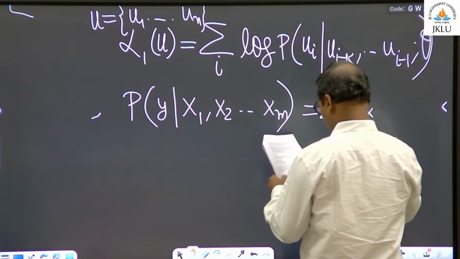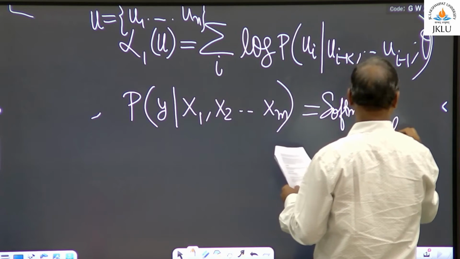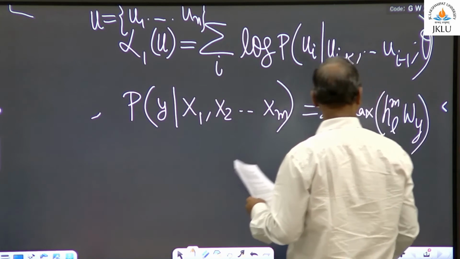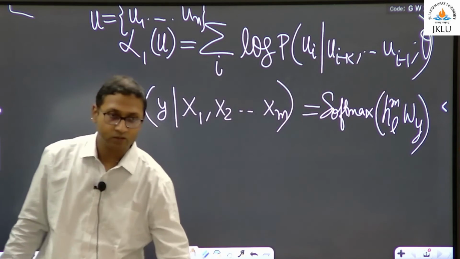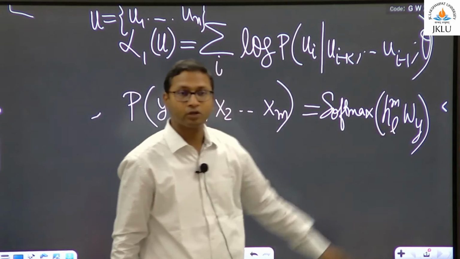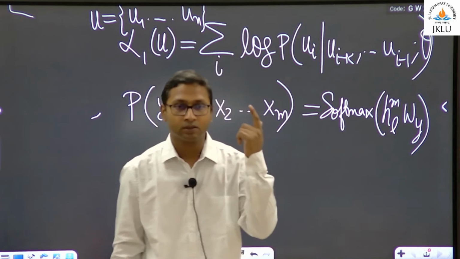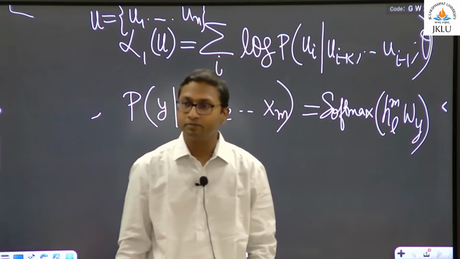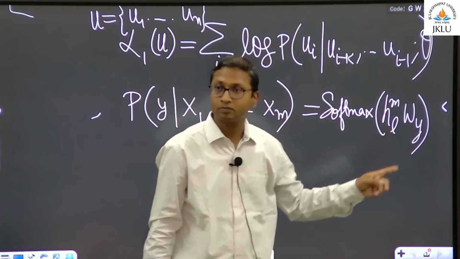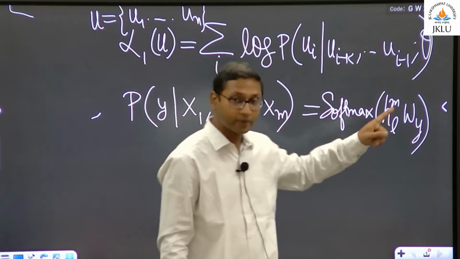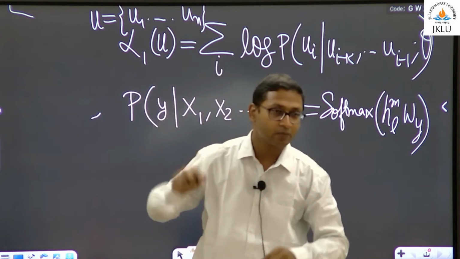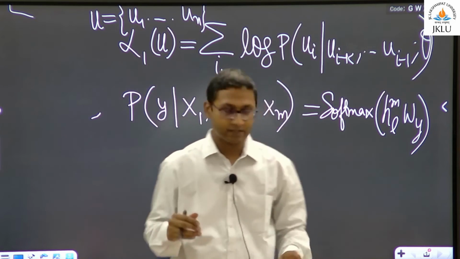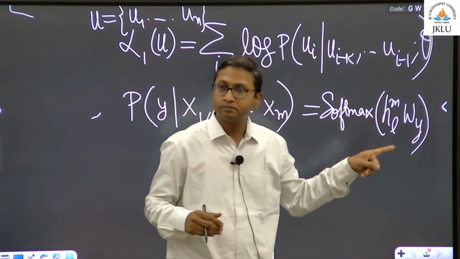So we are not doing anything special here, we have done all this. So what are the dimensions of Wy for my question answering problem? What is Wy for my question answering problem? K cross 768, right?